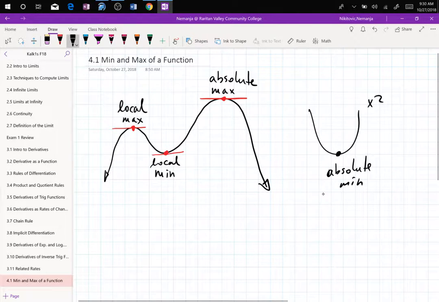Can they all show up on the same graph? Yes, they can, right? If you consider damped oscillators, which is something that you actually see all the time, you have a pendulum, right?